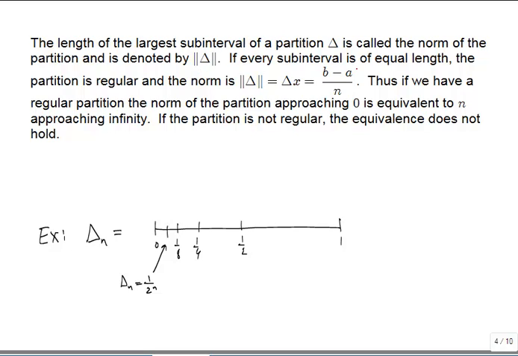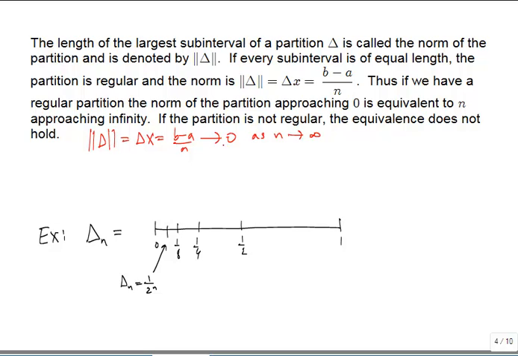If every subinterval is of equal length, then that partition is regular, and we already know what the norm is going to be. The norm is just going to be that delta x, which is equal to b minus a over n. So in a regular partition, if your partition has width b minus a over n, then that's going to go to 0 as n goes to infinity, because as n gets really, really large, again, we have a constant over something big, which goes to 0.